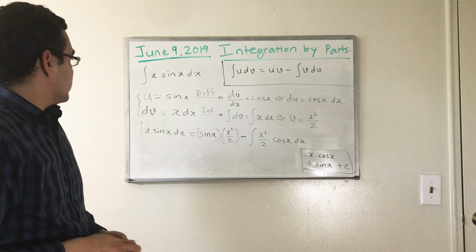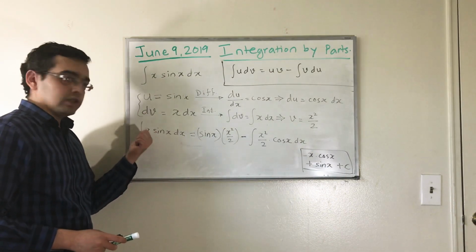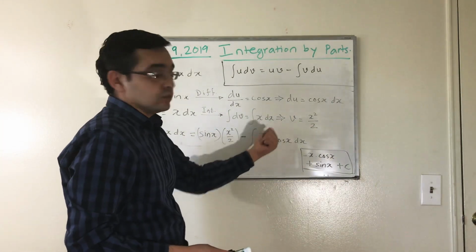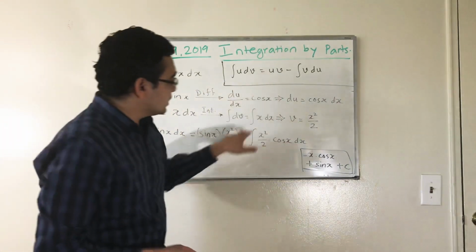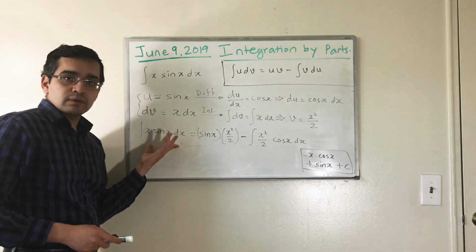So see what happened. We had a power 1 over here, x to power 1, and on the right hand side now we have x to power 2. So this second integral is actually more complicated than what we started with.